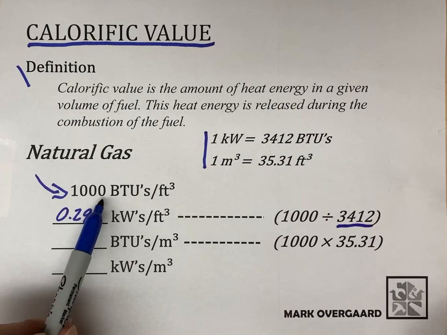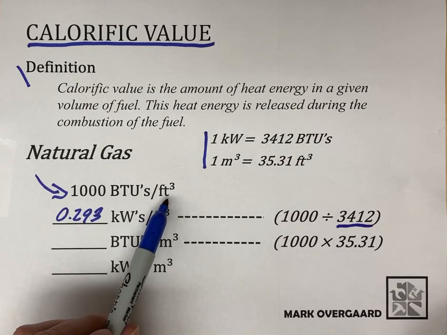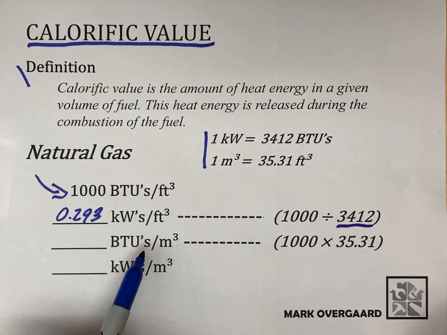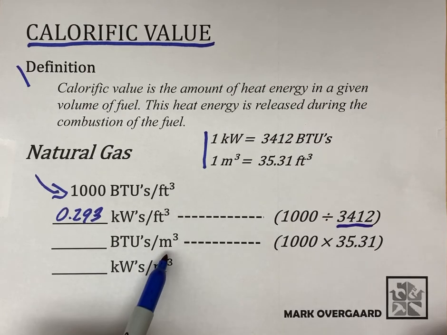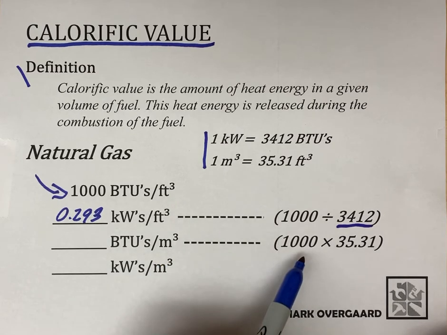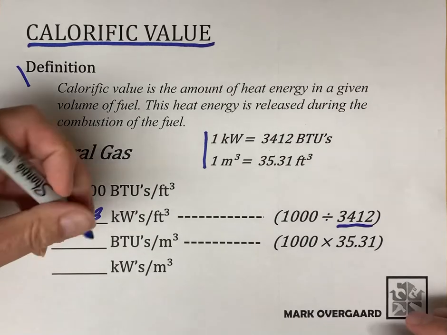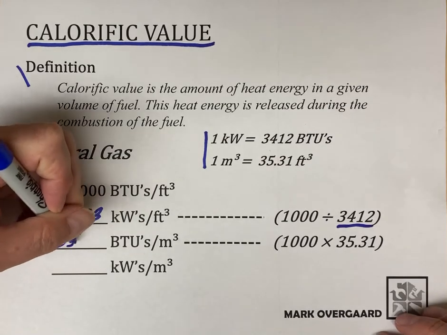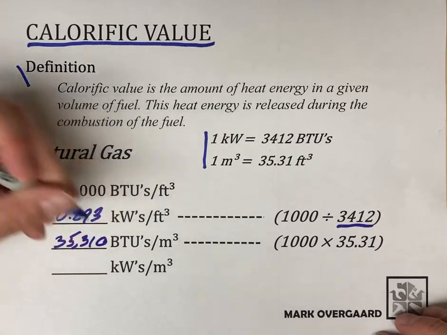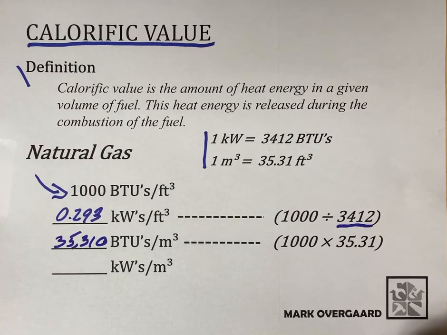So if we have 1,000 BTUs in a cubic foot, it only stands to reason that we would have 35.31 times more energy if we filled up an entire cubic meter. So we would take the 1,000 and multiply it by 35.31. That gives us 35,310 BTUs per cubic meter.